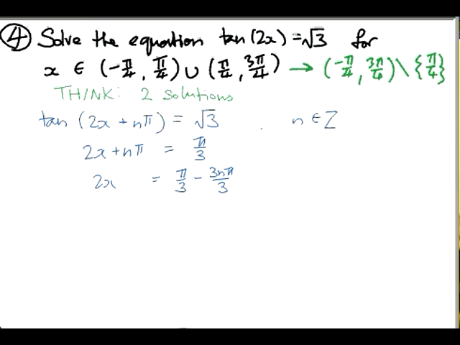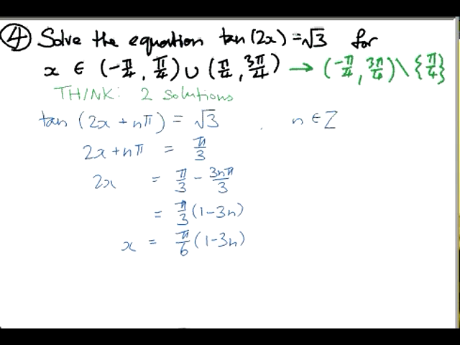Right? So that's just n pi. And to make life even easier, you can take out pi on 3 and then 1 minus 3n. Sorry, slight blank. And even better, you can just say, okay, x equals pi on 6 times 1 minus 3n. There you go. Found x already.